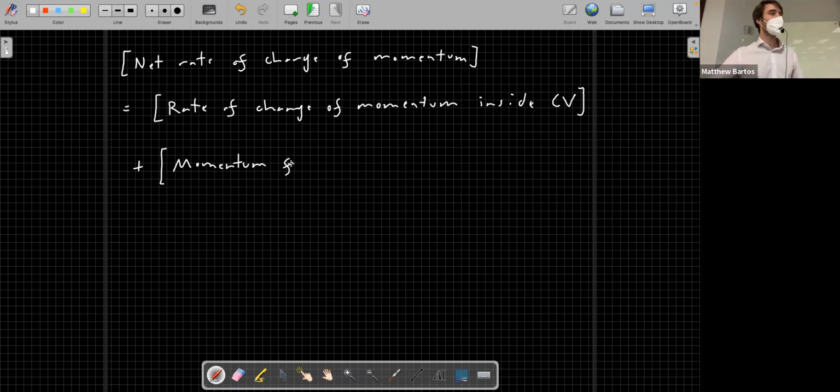So the momentum flux out of the control volume minus the momentum flux into the control volume.